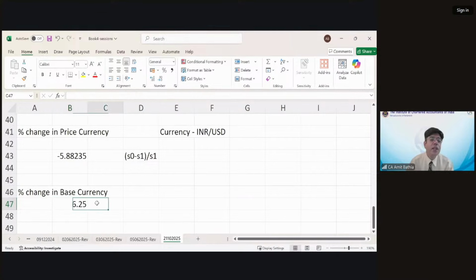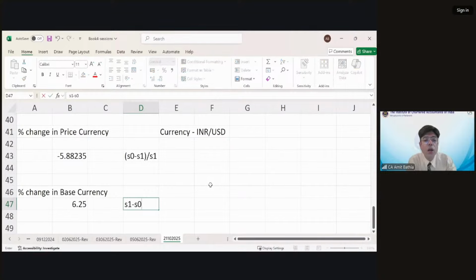So as far as the base currency is concerned, it has appreciated by 6.25. On the other hand, your price currency has depreciated by 5.88235, right? So how do you calculate this one? Here we calculated it as S1 minus S0 upon S0. Am I right?